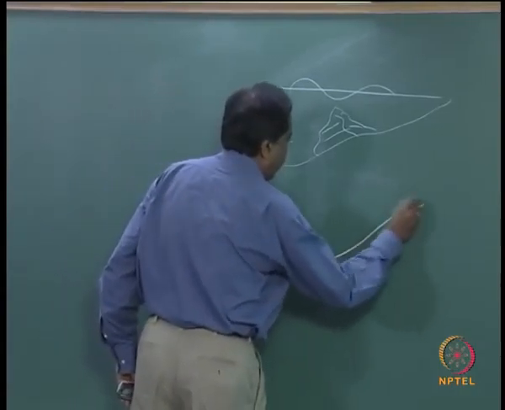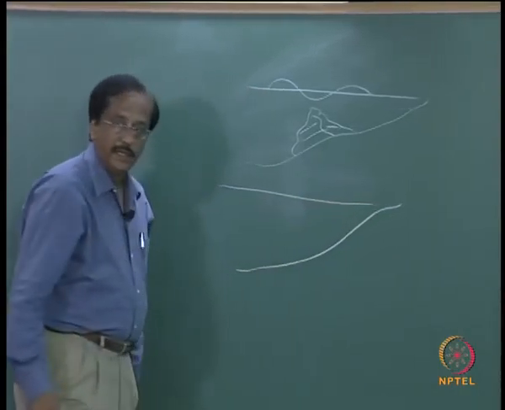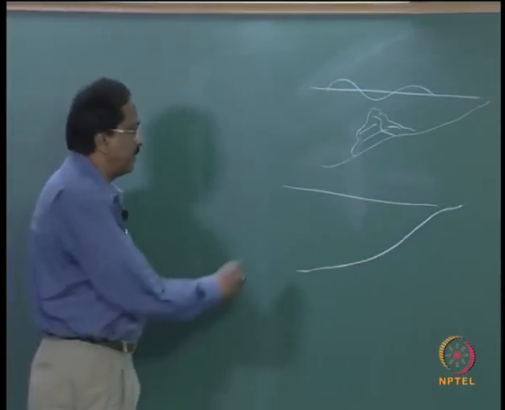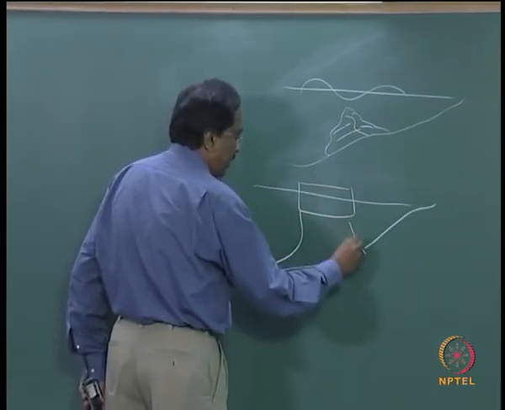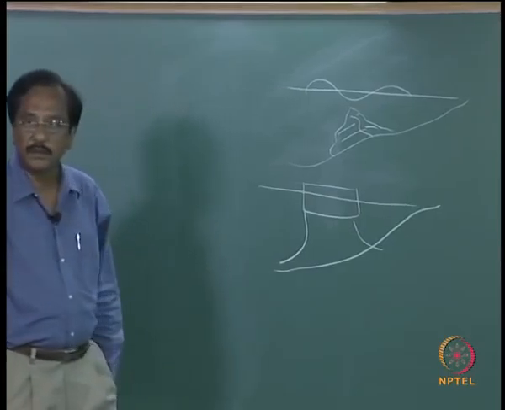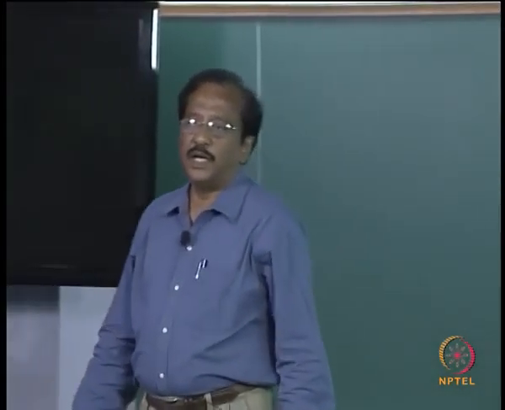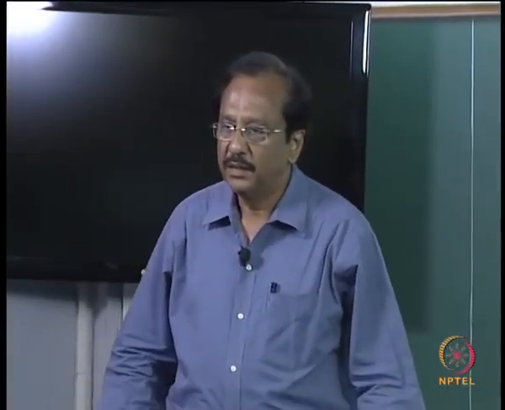Or there can be artificial means. How? For example, you may have some kind of a structure which is floating, this will also deform the waves.